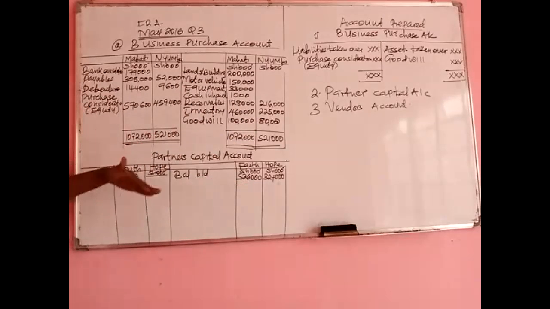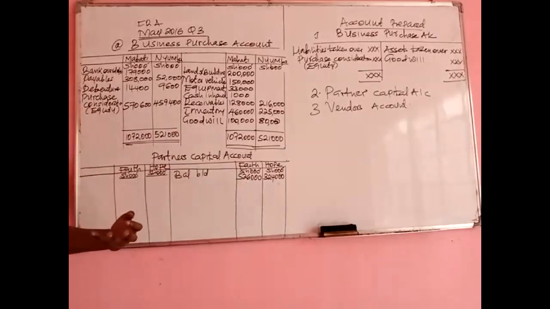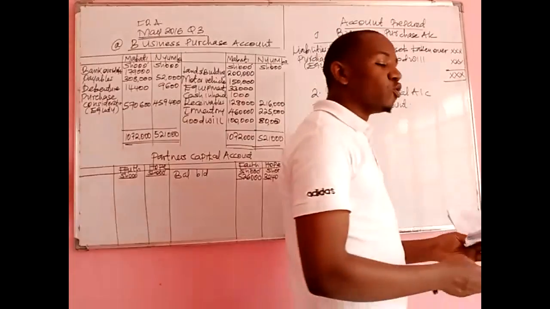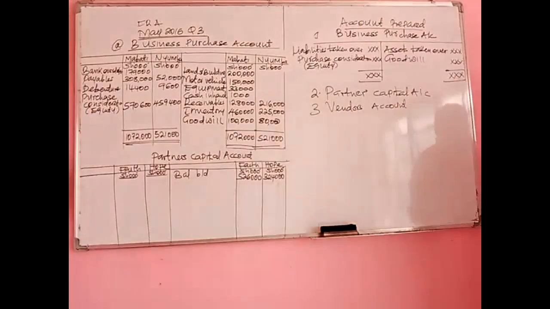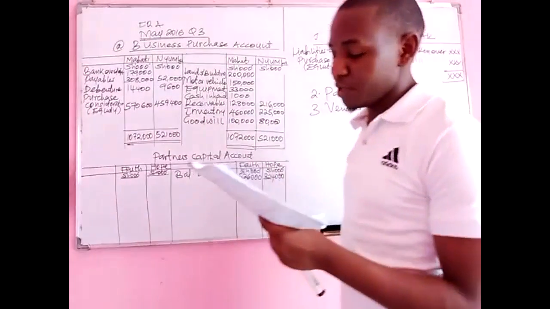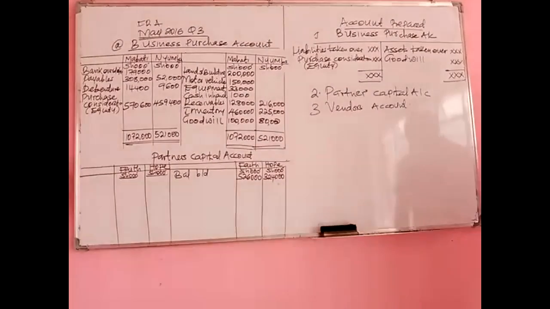That is the purpose of preparing this capital account. As at the end of that partnership, will those partners have ending balances? Now, let's look at additional information number 3.